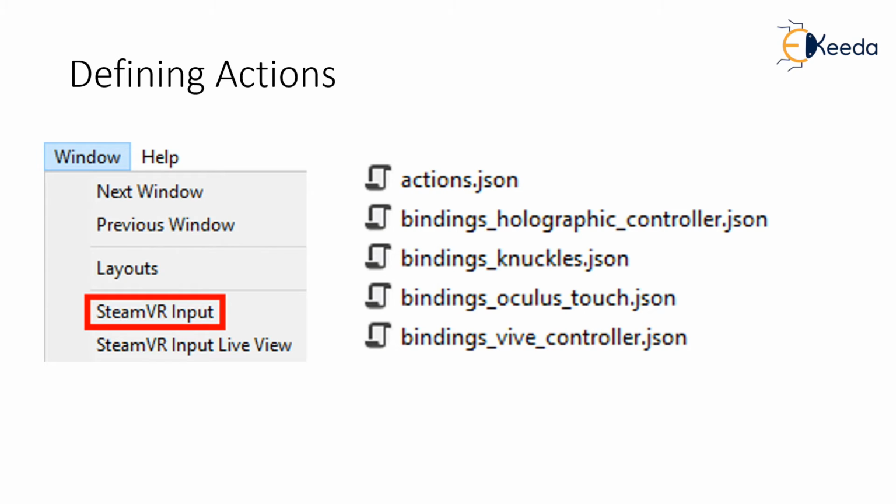If you want to click to teleport or click to select, all this can be defined using the SteamVR input. Since a lot of JSON files are created, they are configured automatically such that all that you select over here is configured directly for the HTC Vive. And whenever the VR experience is started, it connects all these things together. So it's much easier to work with HTC Vive and Unity by direct connection.